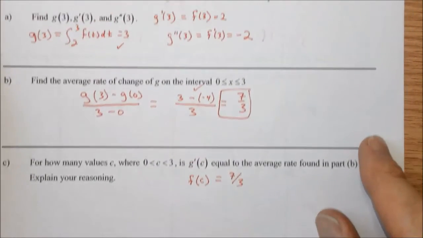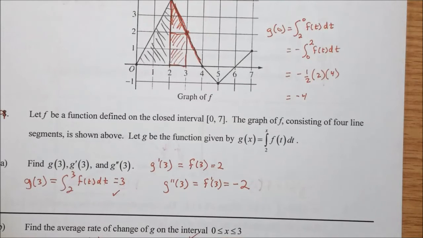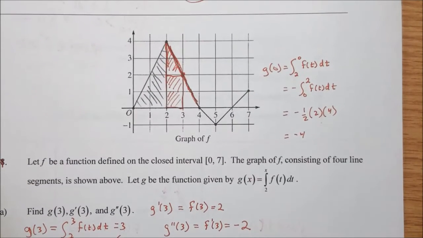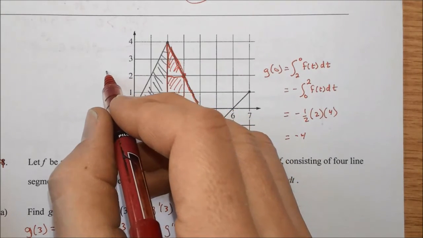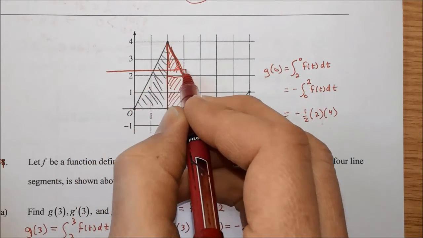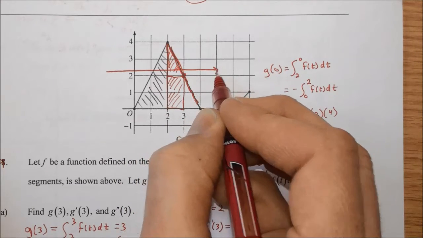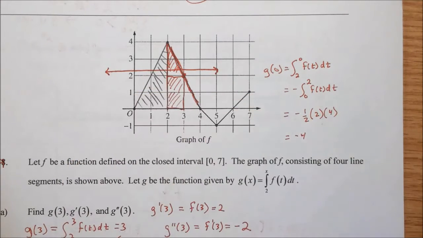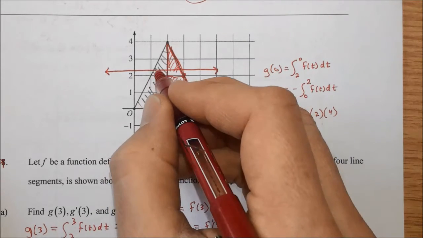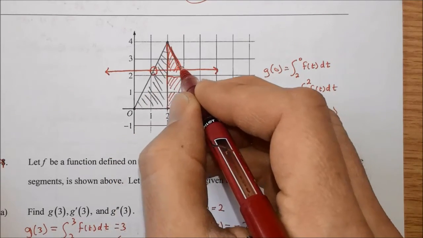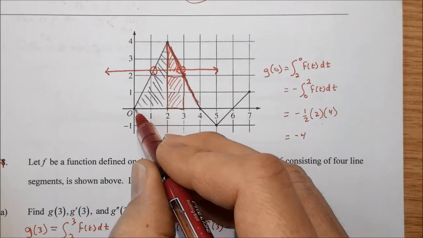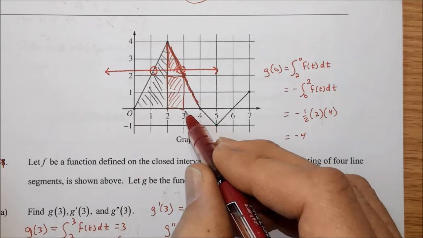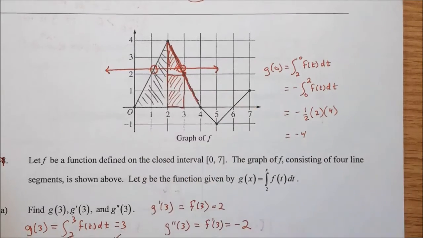Let's go back to our picture here. A little bit more. All right. 7/3 is 2 1/3. So that's this line right here. And they're basically asking, how often does f intersect with that line on the interval from 0 to 3? Well, they intersect one time here, and then another time there. Because again, x is starting at 0 and ending at 3. So it intersects twice.